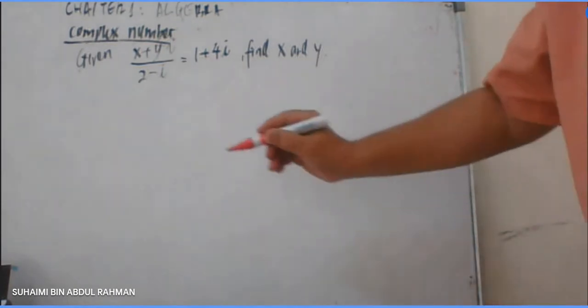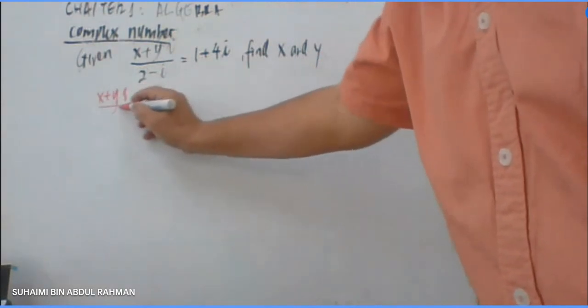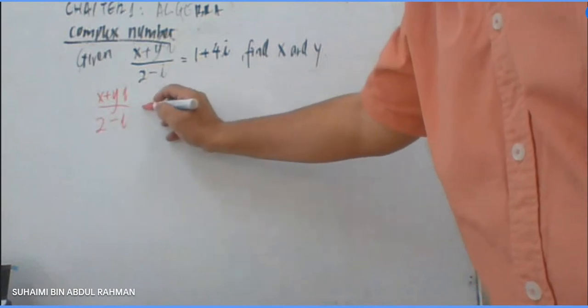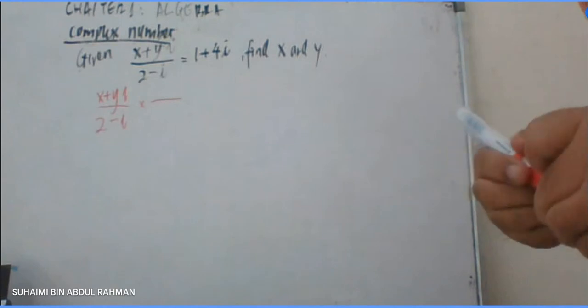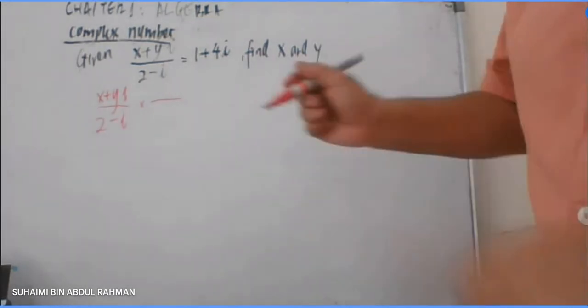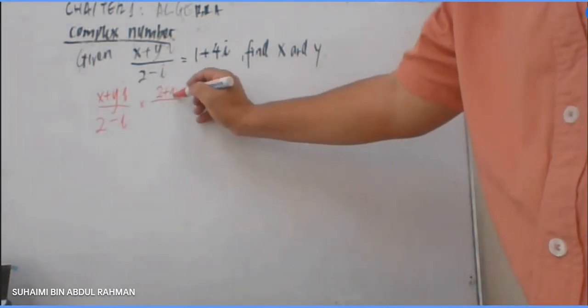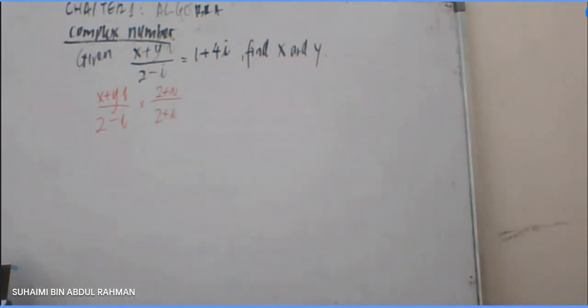So x plus yi over 2 minus i, we multiply by the conjugate of the denominator. What is the conjugate of the denominator? 2 plus i. So we multiply with 2 plus i and 2 plus i there.